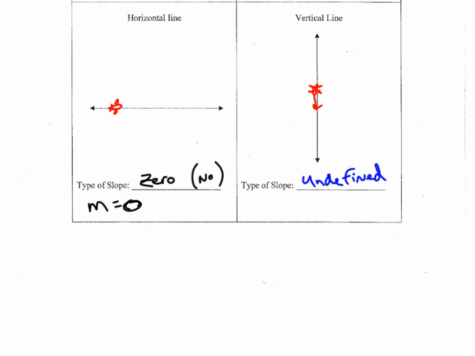And so I would say to you that possibly you could remember VUHOY. Okay? And so VUHOY, the V is going to stand for vertical. It's going to have a vertical line. U is going to stand for an undefined slope.